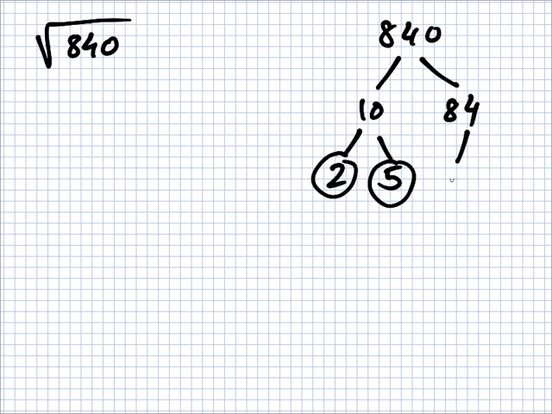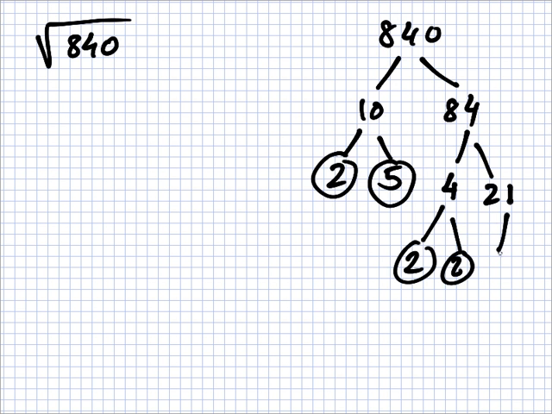We could go with a 4 and a 21 here. The 4 could go down to 2 and a 2. The 21 could go down to 3 and 7. Now we have it all finished here.